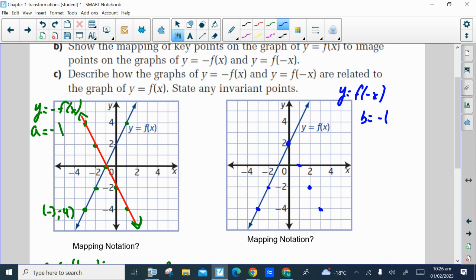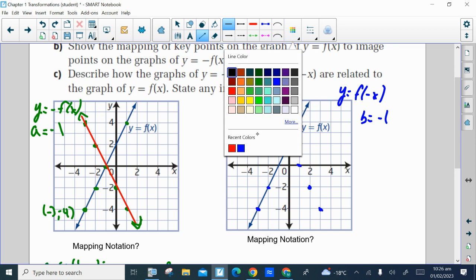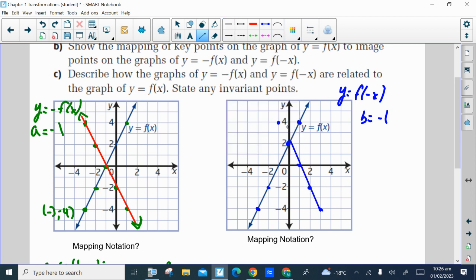It's 0 units away from the y-axis. This point up here, the point 1, 4, is 1 unit to the right of the y-axis. That will reflect 1 unit to the left. So there's our series of points. We can draw our line going through them. And once again, we need arrows on the end of the line.